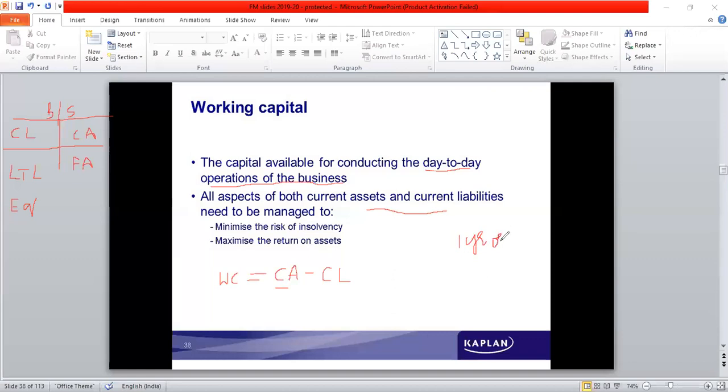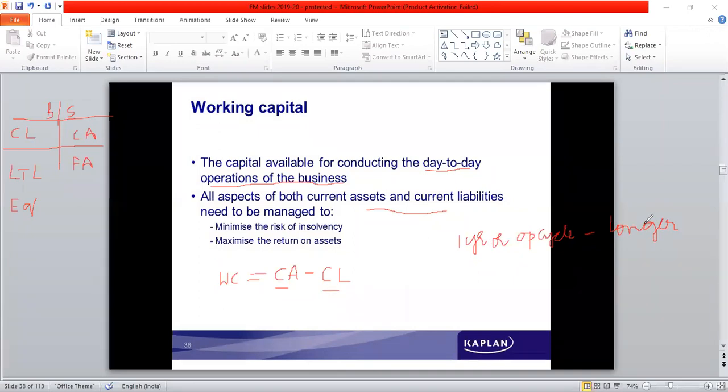Whichever is longer. It's not whichever is shorter or smaller. That is not the case. And if we talk about current liabilities, those are liabilities which have to be discharged in a period of 1 year or operating cycle, whichever is longer.